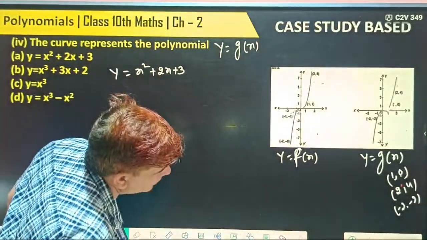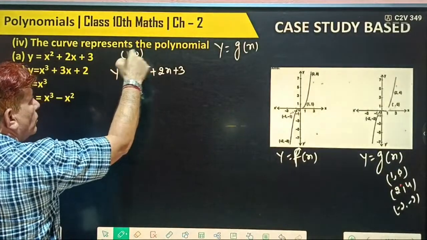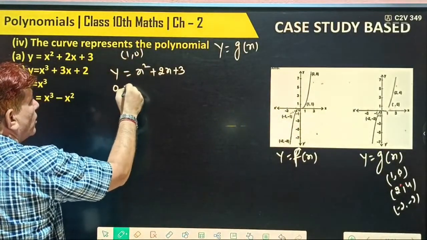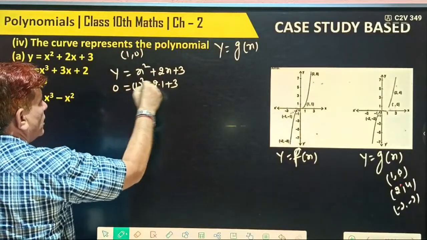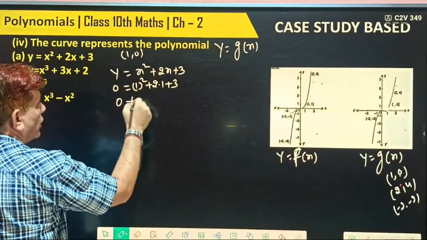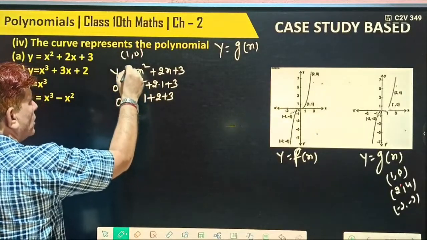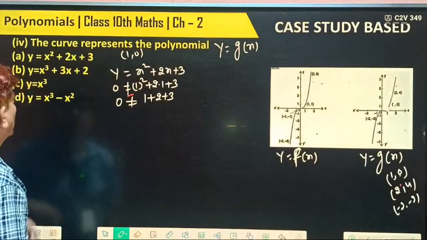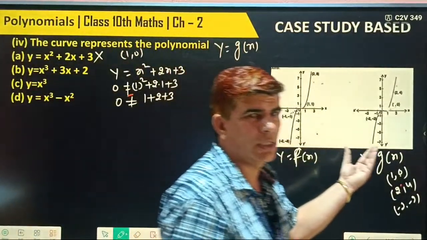We take (1, 0): 0 equal to 1 square plus 2 into 1 plus 3. So 0 is not equal to 1 plus 2 plus 3. So this is not the polynomial whose graph this is.